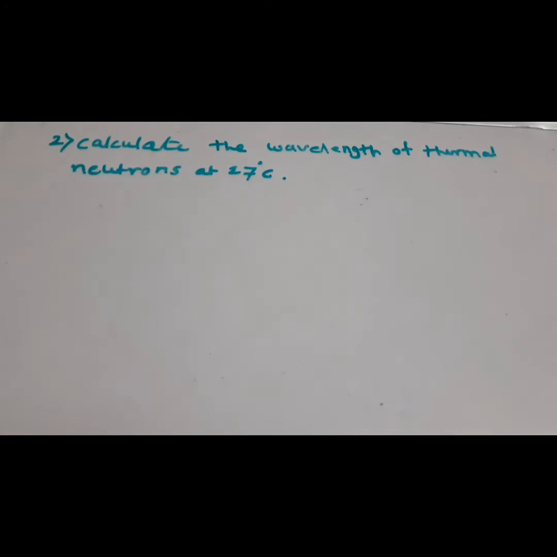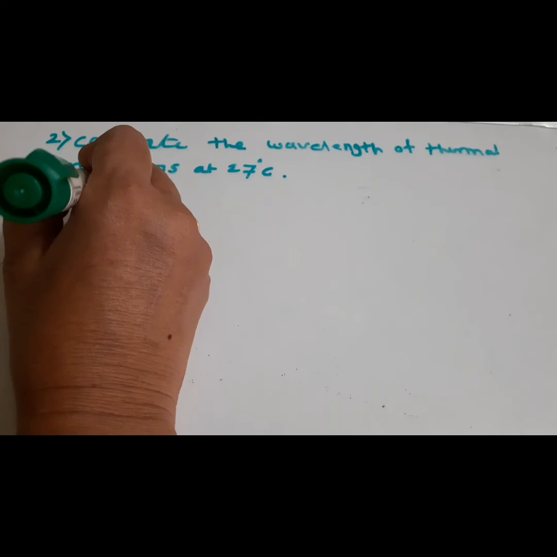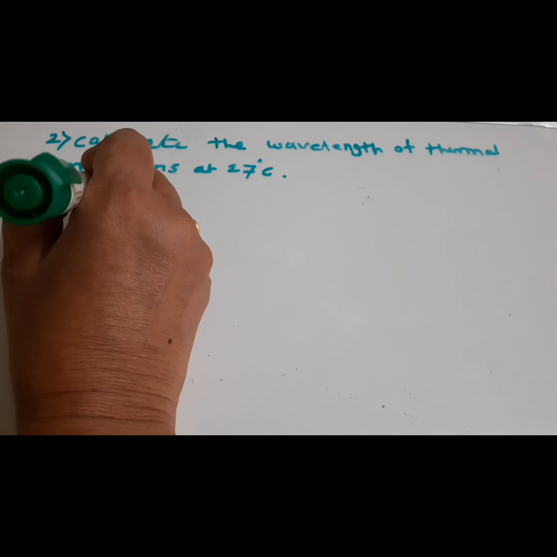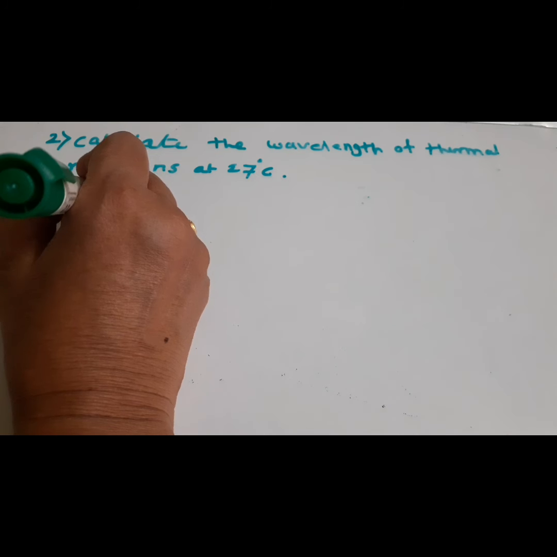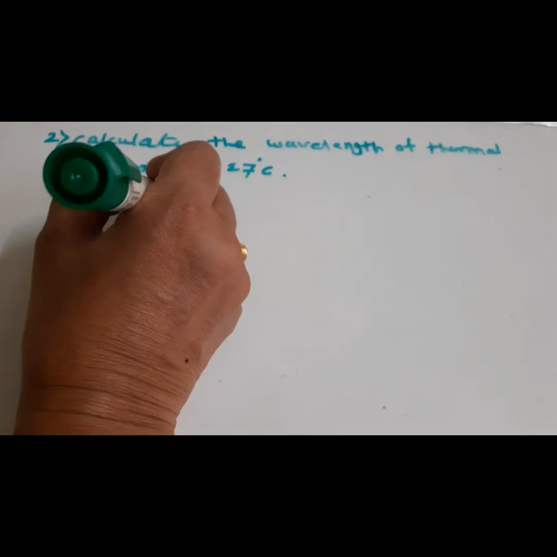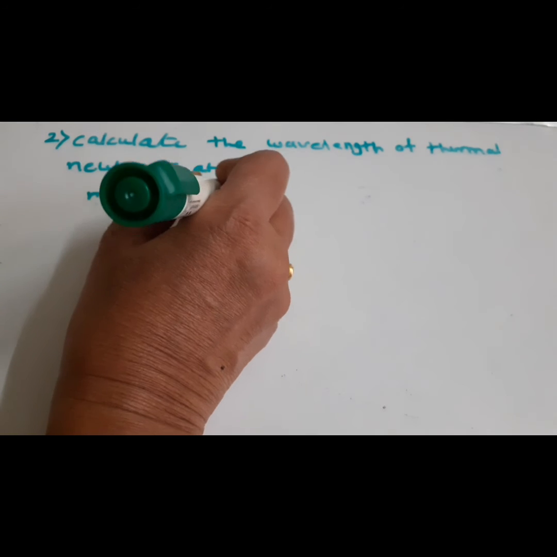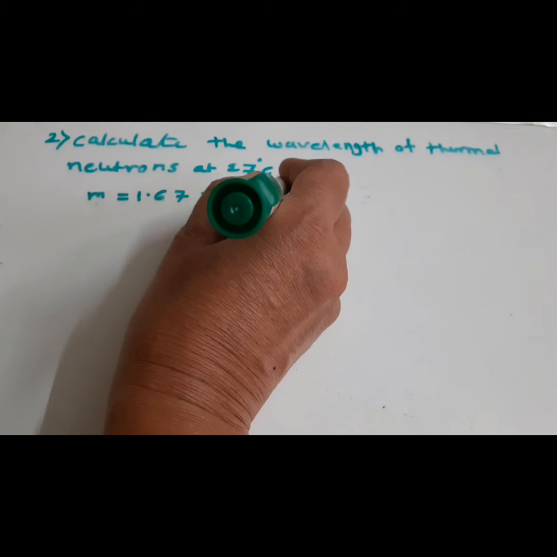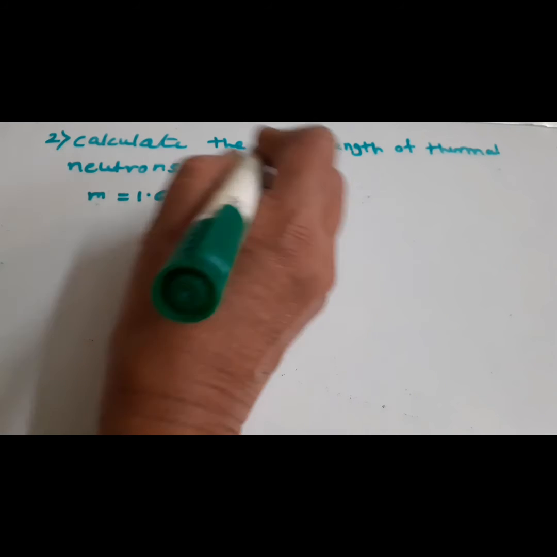The given things are: m, the mass, is 1.67 into 10 to the power minus 27 kg.